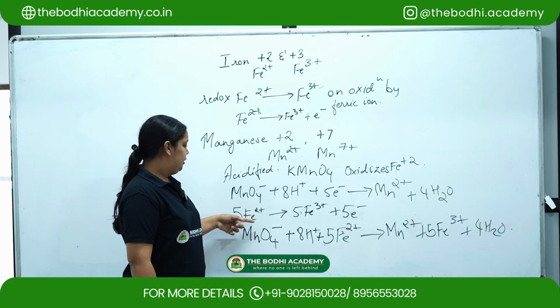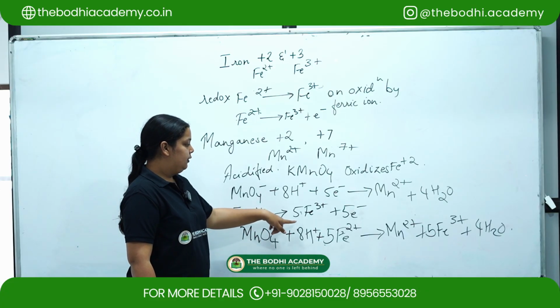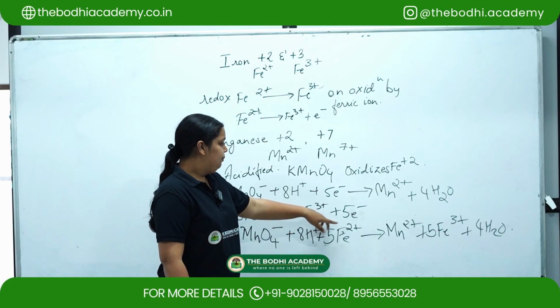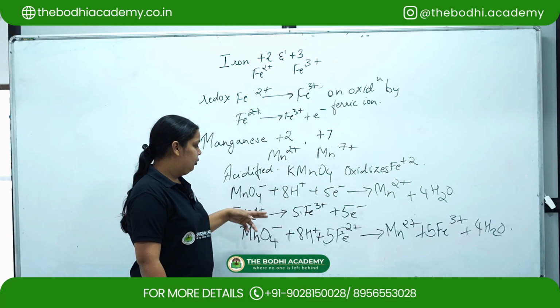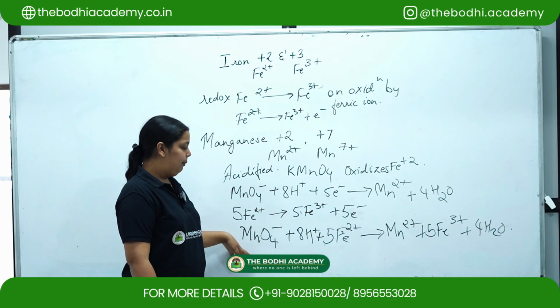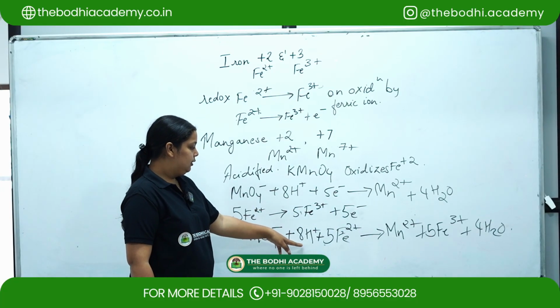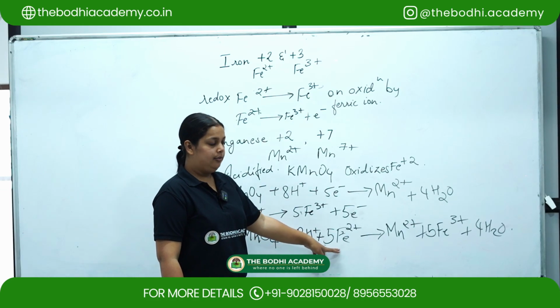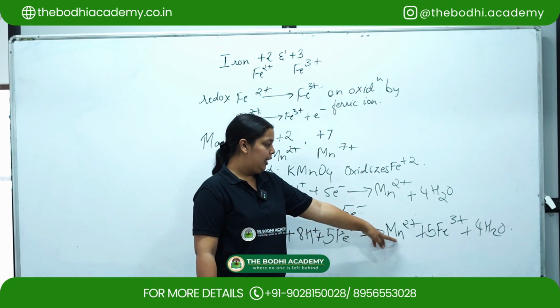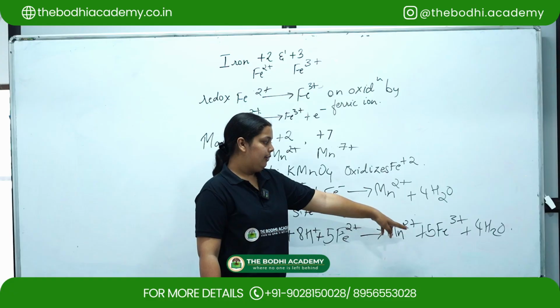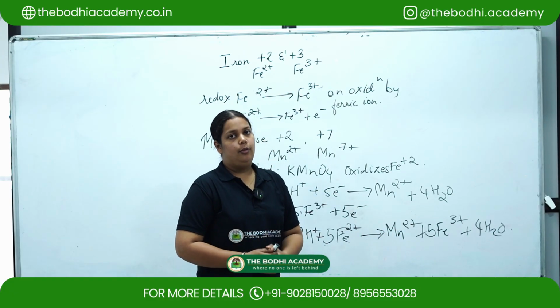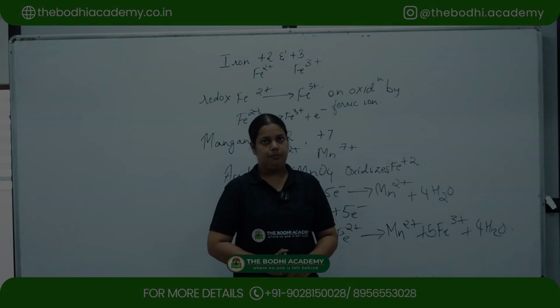And the second half reaction is Fe+2 gives Fe+3 plus 1 electron. So overall this reaction is MnO4- plus 8H+ plus 5 Fe+2 gives Mn+2 plus 5 Fe+3 and 4 molecules of water.